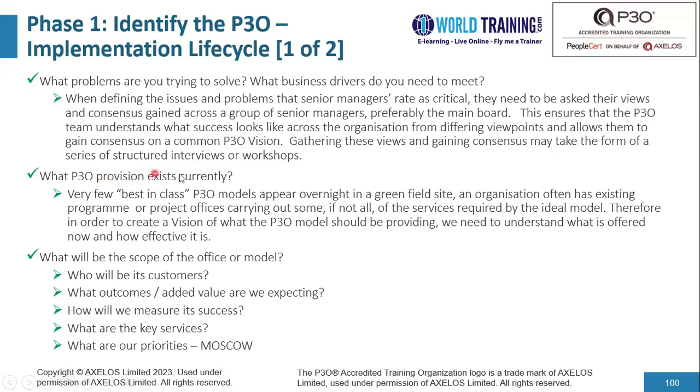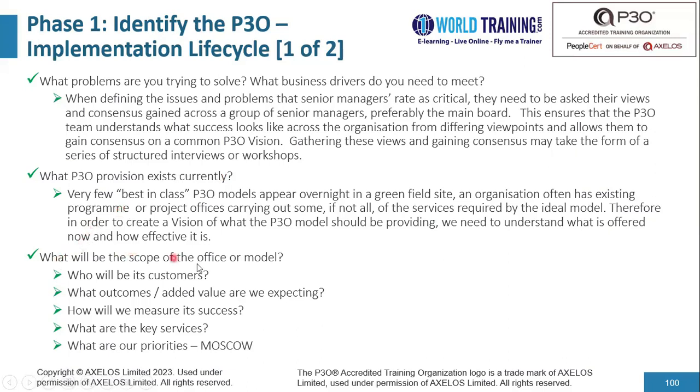What exists currently is a good way to assess our current state, and that would help us baseline where we are today. And when we define the implementation phase, we might want to think about the future state. So understanding where we are would help us baseline our current capabilities.